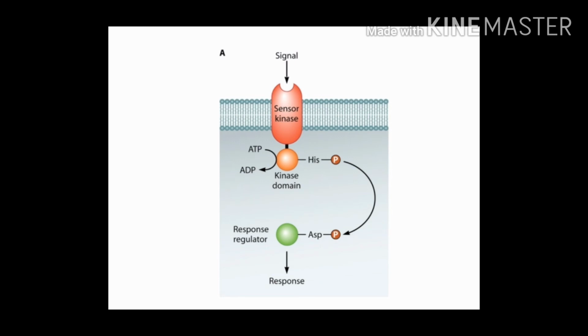This activated response regulator brings a particular response by bringing changes in the gene expression in response to that particular environmental signal. In this way, two-component system works in the bacteria, and a bacteria is able to respond to the various environmental signals by bringing changes in its gene expression.